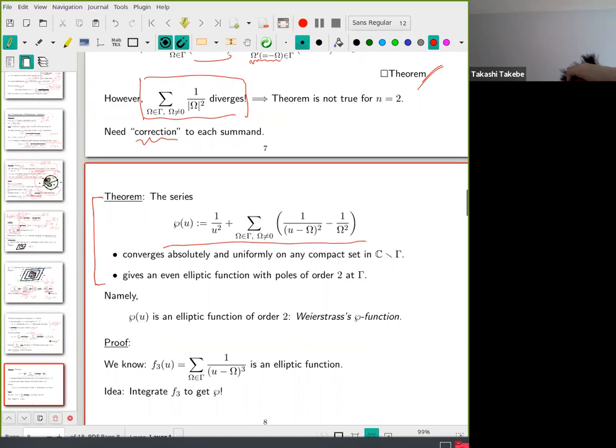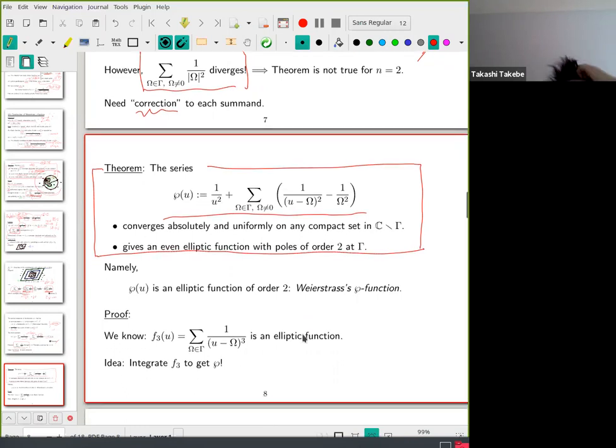So the theorem is that if we subtract something from this summand, except at 0, then this series converges absolutely and uniformly.